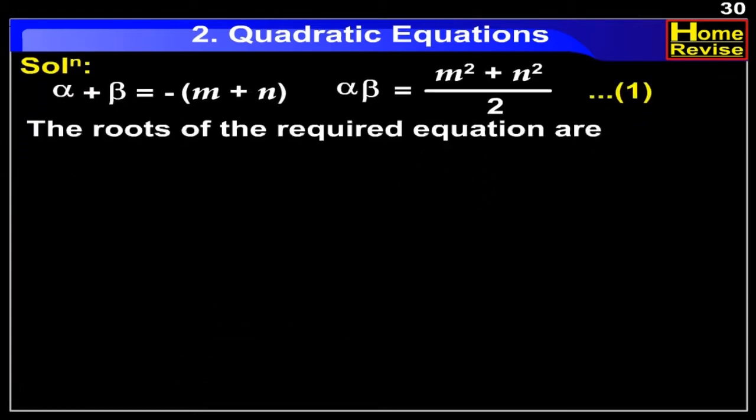Now the roots of the required equation are (alpha plus beta) whole square and (alpha minus beta) whole square.